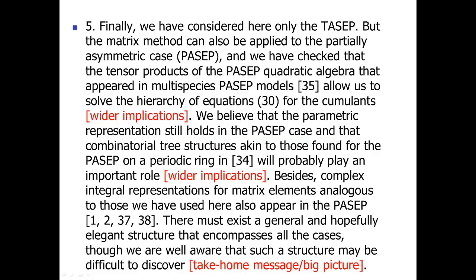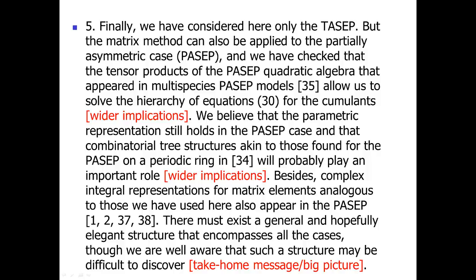And this discussion was 5 paragraphs long, so here's the last paragraph. Finally, they're going to give some wider implications. So they solved a problem for a particular instance, what is TASEP. However, their solution might actually apply to the partially asymmetric case, PASEP. So there's a potential wider implication of their work. They're giving those wider implications here.